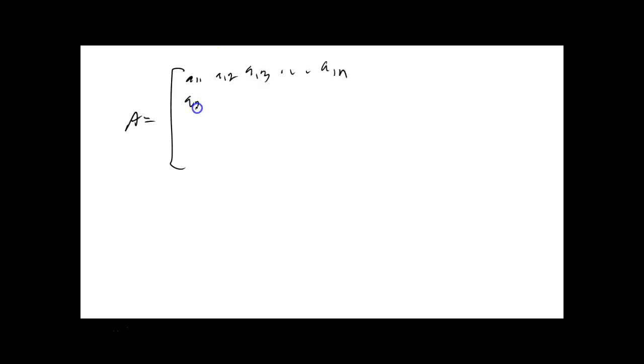And then you have A21, A22, A23, dot, dot, dot, up to A2N. And you have A31, A32, that's ugly, A33, all the way up to A3N. Ugly N. Goodness gracious.